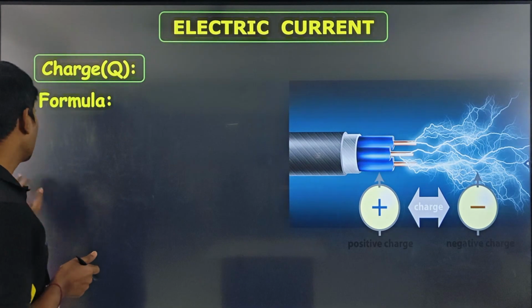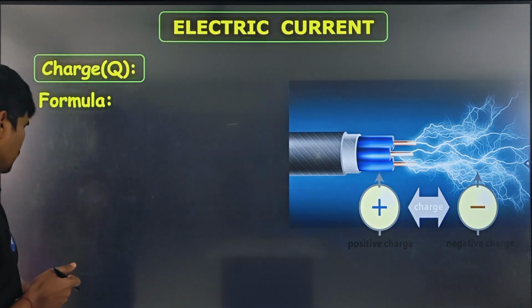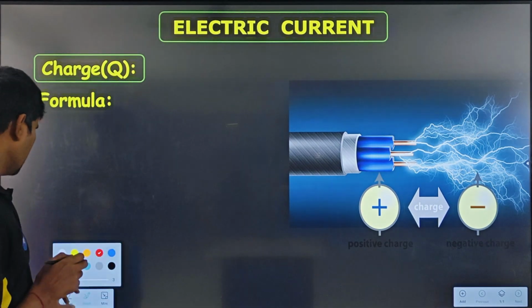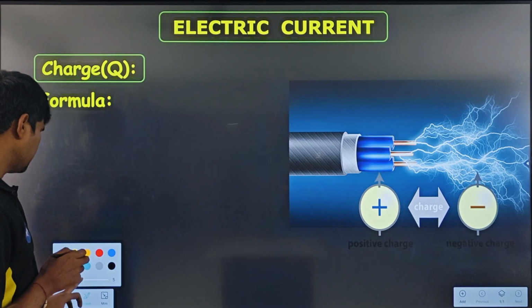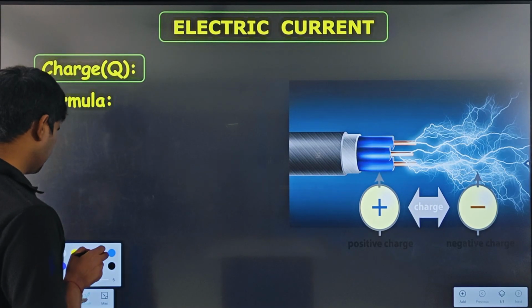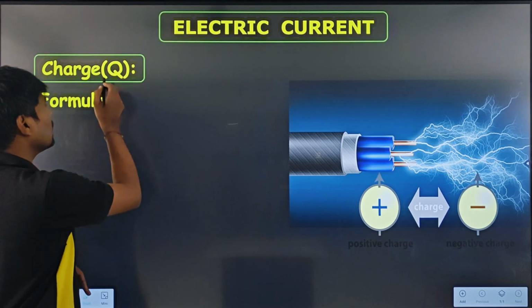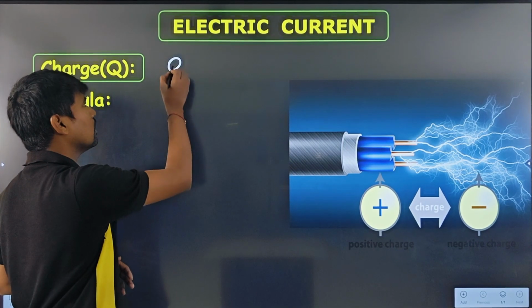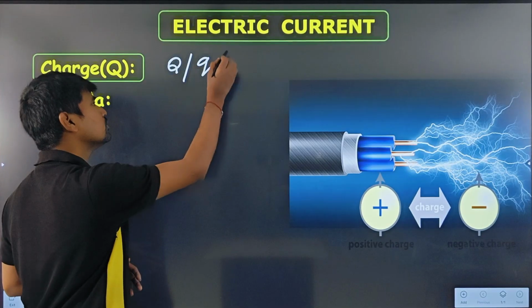So there is a charge. For the charge, what is the formula? Charge is denoted with capital Q or small q.